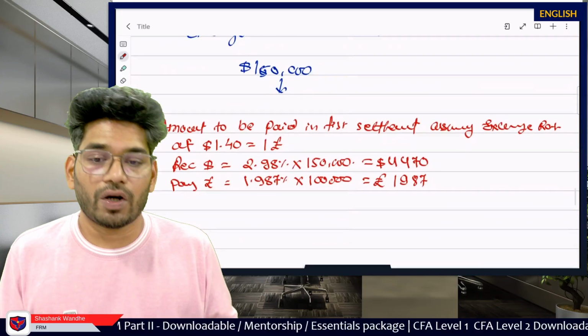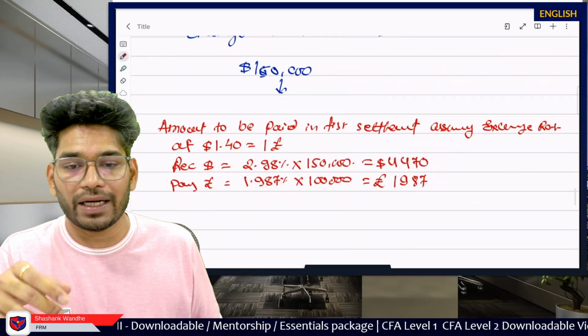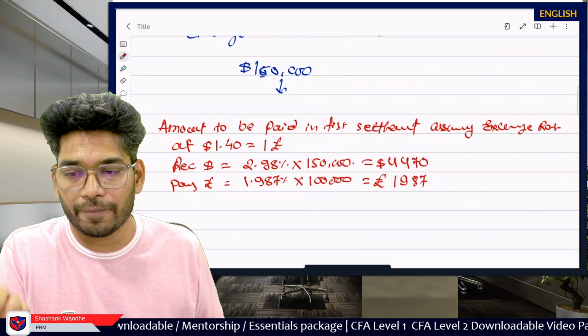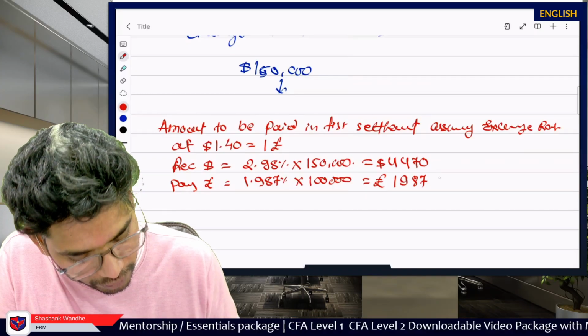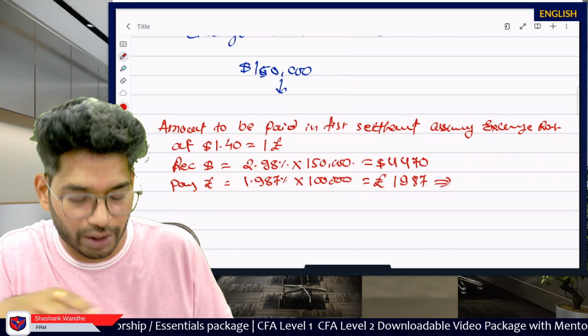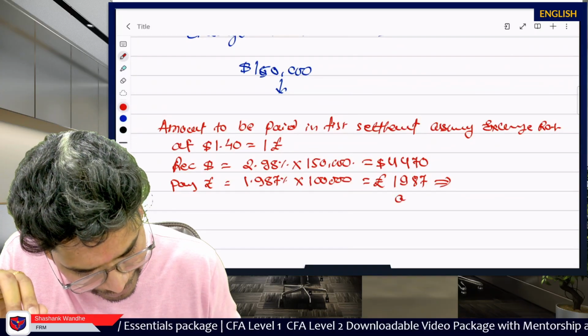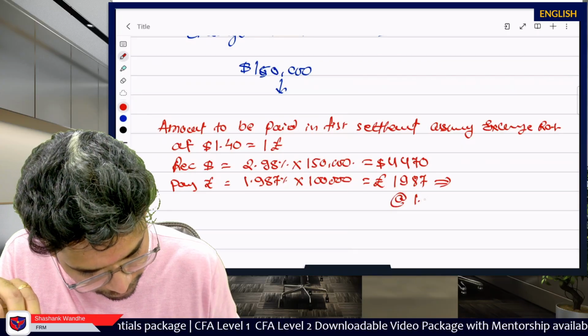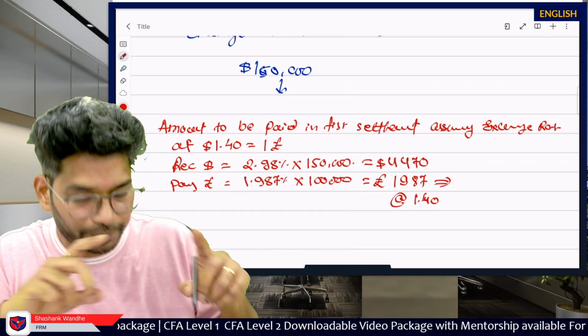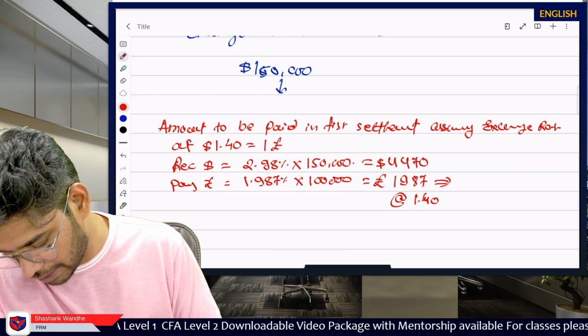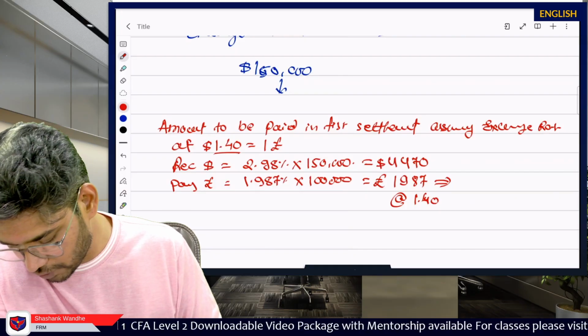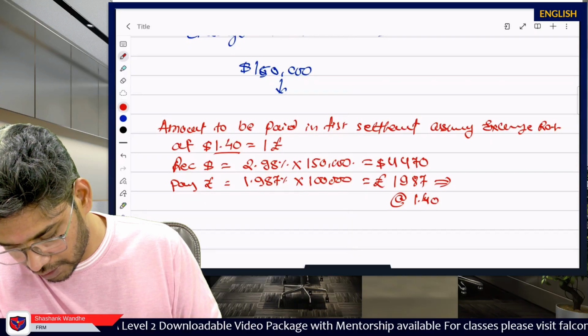So we want to calculate the net payment, but in the dollar terms, right? Or net receipt in the dollar terms. So to get this into the dollar terms, we have to convert it at the rate of 1.40. So you are paying 1987 multiplied by 1.40.